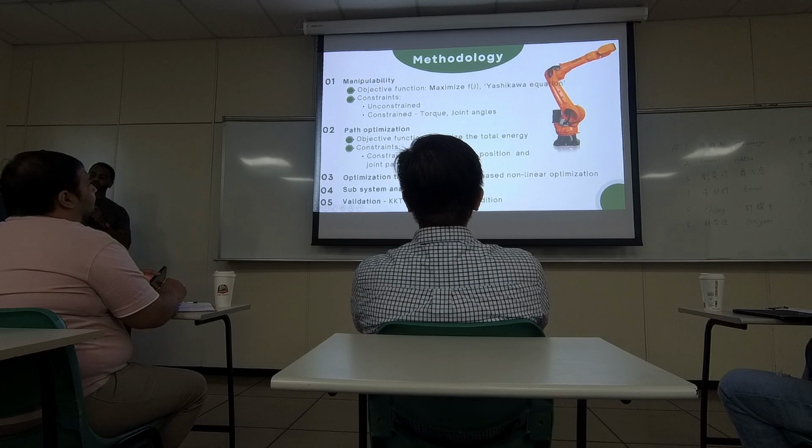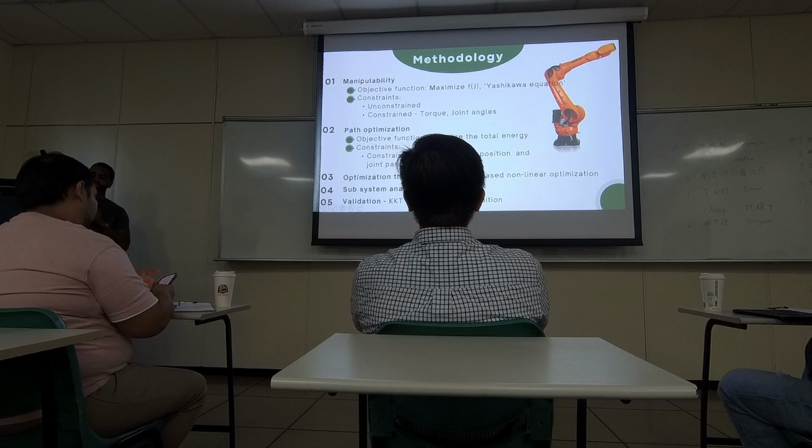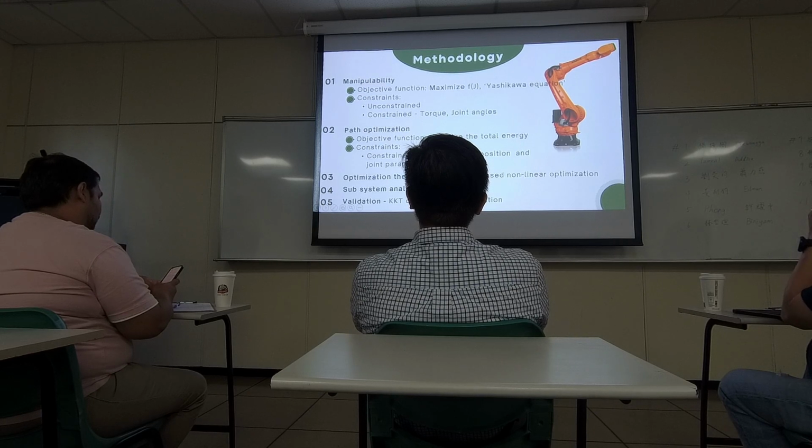We will use a gradient-based nonlinear optimization technique to perform both the manipulability and path optimization. For the subsystem analysis, we will use Python. And finally, we will use KKT or Pontryagin's conditions for validation of these optimal solutions.